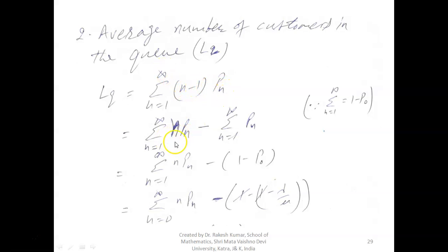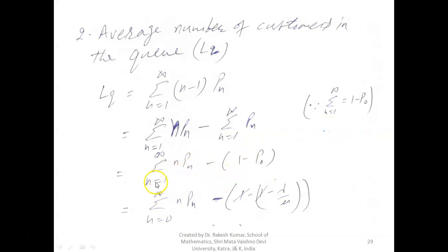Expanding the terms and multiplying inside, the sum of Pn from 1 to infinity is 1 minus P naught, because if we include P naught here, it will become 0 to infinity, that will be 1.